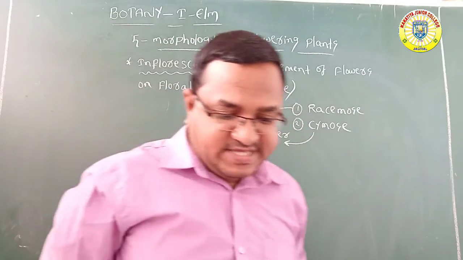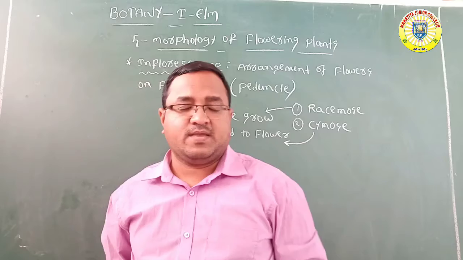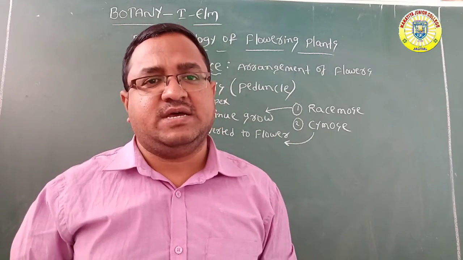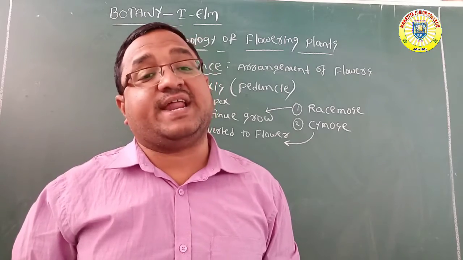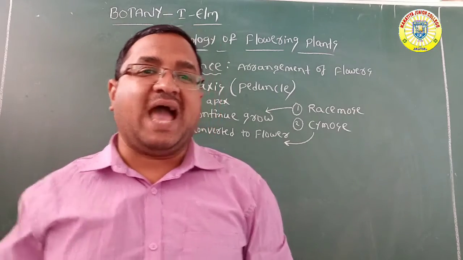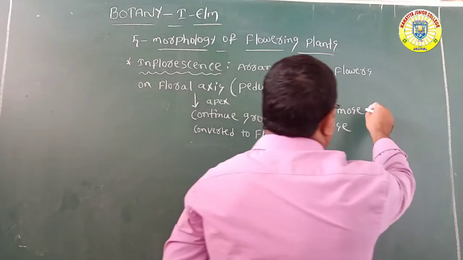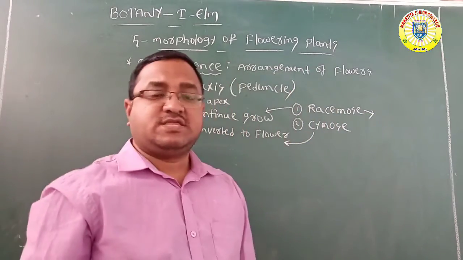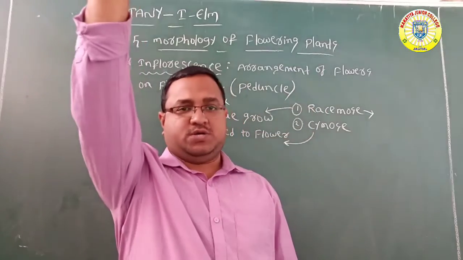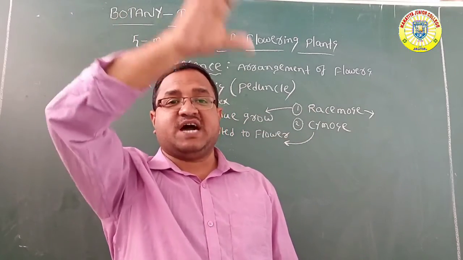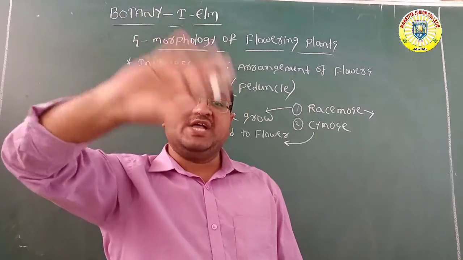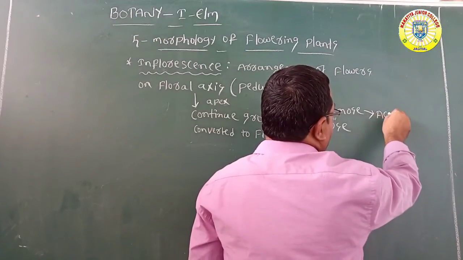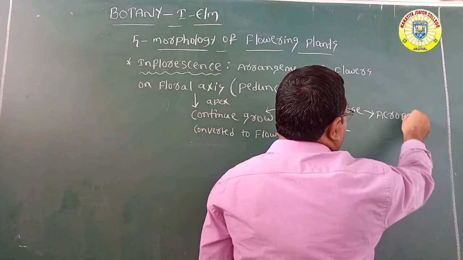Especially in racemose inflorescence, the floral axis continues to grow, and the flowers are arranged on the axis in acropetal manner.